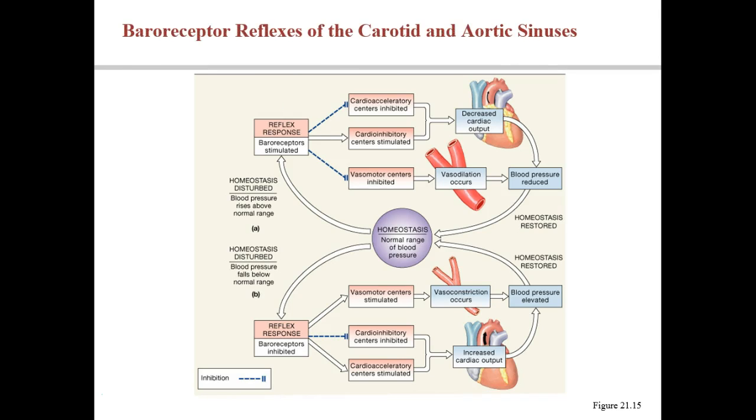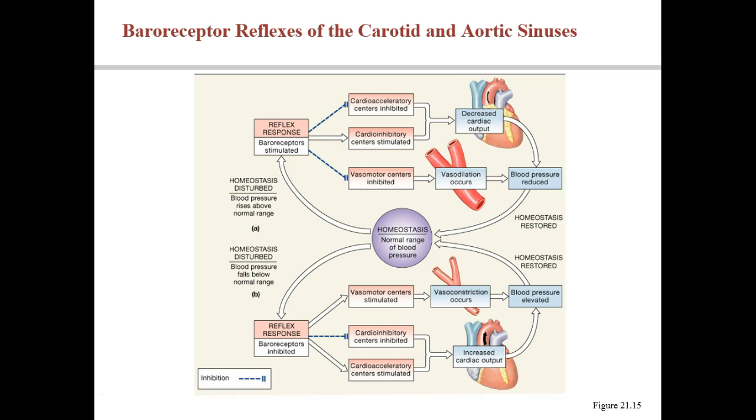And then what we have left are some concept maps. This one happens to be the one for baroreceptor reflexes. We can go through this. Again, after you learn about this, so you have normal homeostasis.